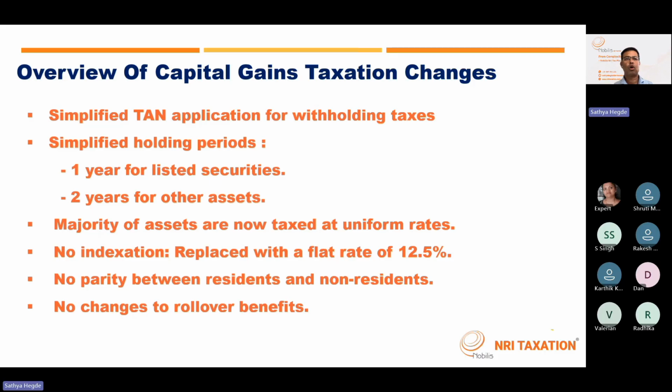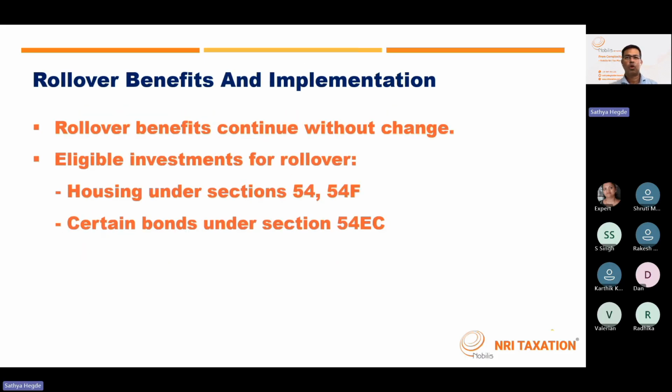Now let's move on to how we can save some taxes with respect to rollover benefits. There are not many changes with respect to the rollover benefit, which is still continuing as it is. As you may know, if you sell a house in India, you can buy another house, or if you sell your shares and securities, you can buy another house, and you don't pay any capital gains tax in India when the rollover provisions are applicable.